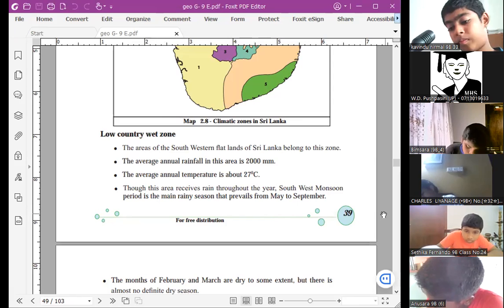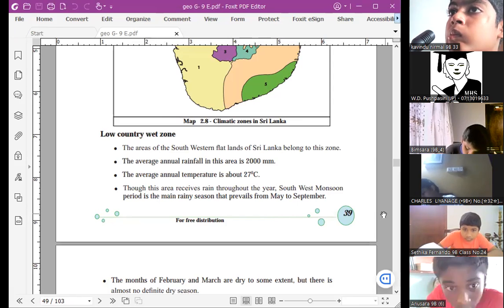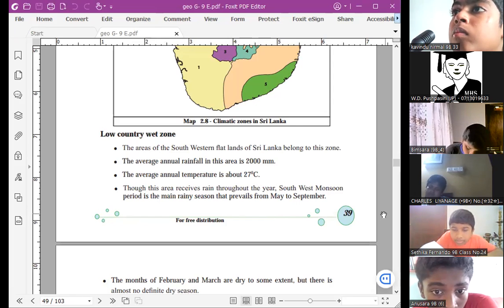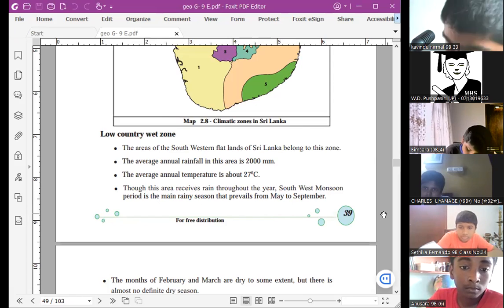So mostly we get rains in which month? May to September. What is the rainfall? Southwest monsoon. Right.